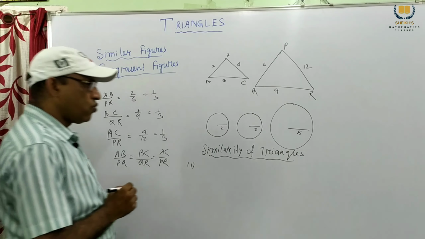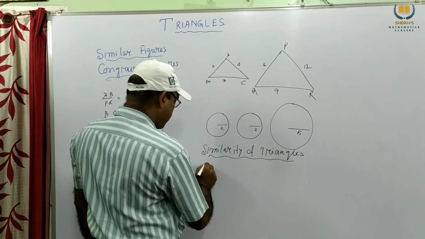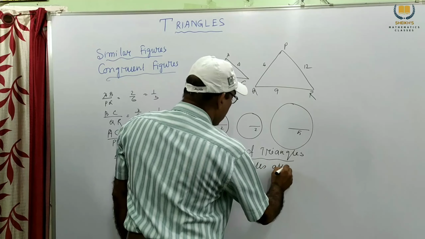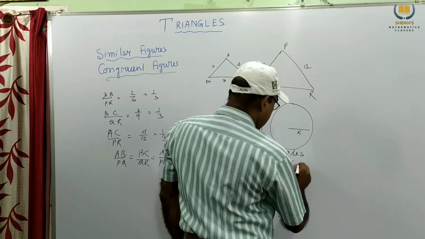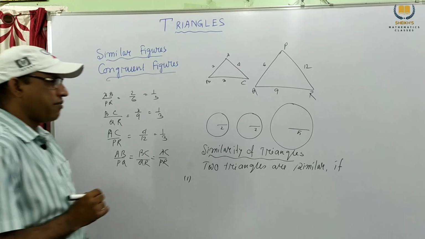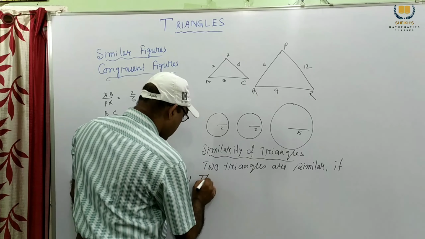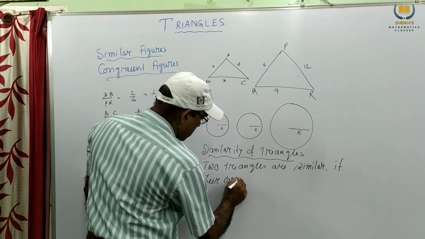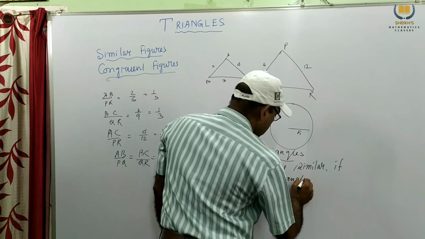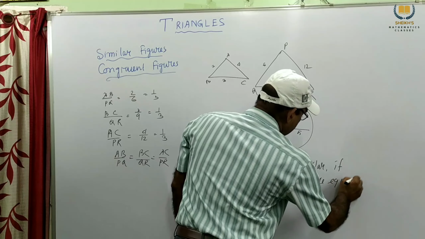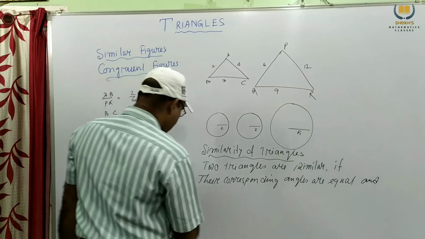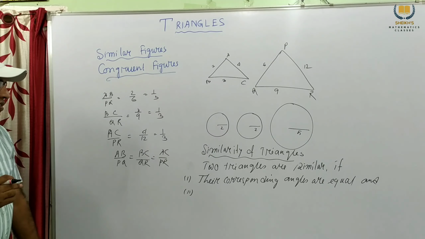First, you have to write: two triangles are similar if, number one, their corresponding angles are equal.